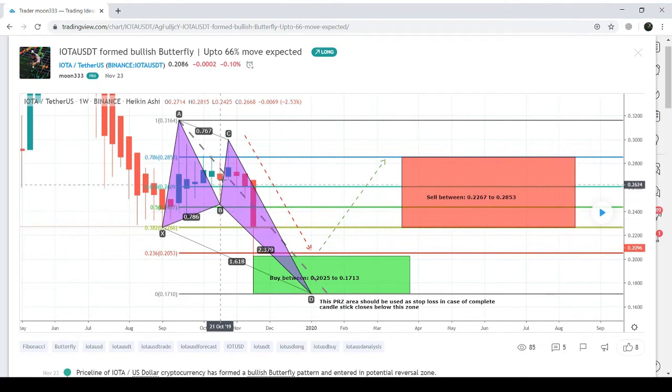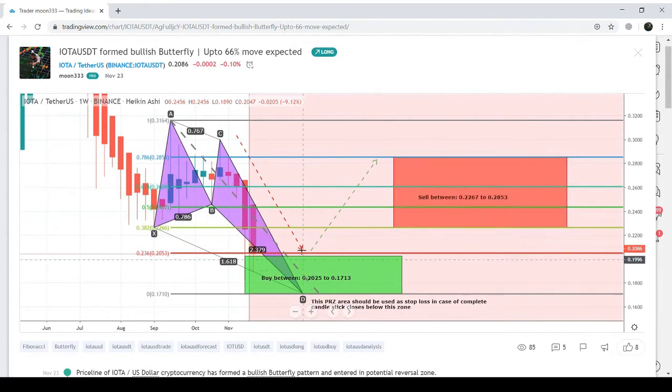The B to C leg of butterfly should be retraced between 0.382 up to 0.886 Fibonacci. And here we can see the price action is retraced up to 0.767 Fibonacci. And the C to D leg of bullish butterfly should be retraced between 1.27 up to 1.618 Fibonacci.